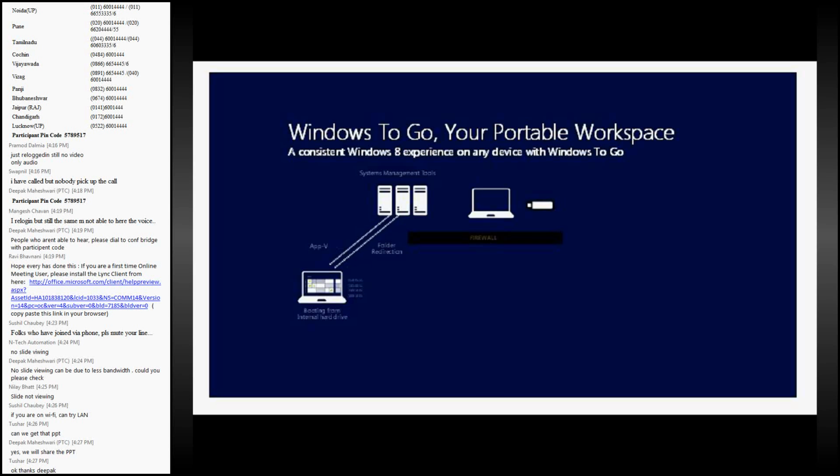Now with Windows to Go connected on any device, with the inclusion of folder redirection technologies, all your apps follow you wherever you go. So you just have an operating system with you, and all your data is secured on the cloud or on your file server. Right? You also can boot from an external hard drive.